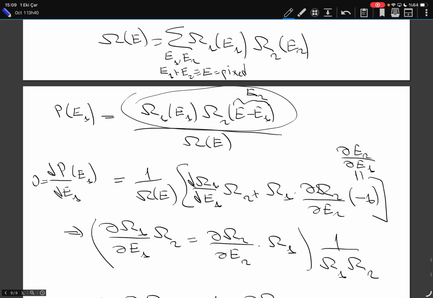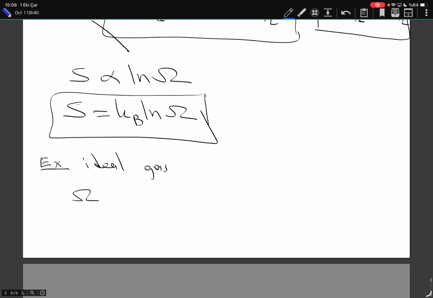I have my ideal gas within a volume V. Each one of my particles can be at any point along this volume V. So I would expect my number of microstates to be proportional to V times V times V times V. How many of them? N of them.